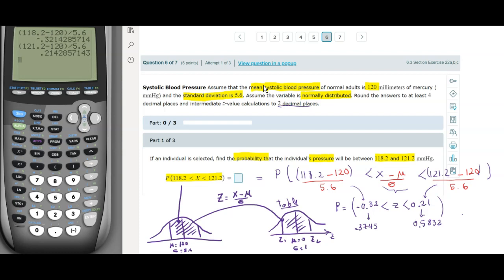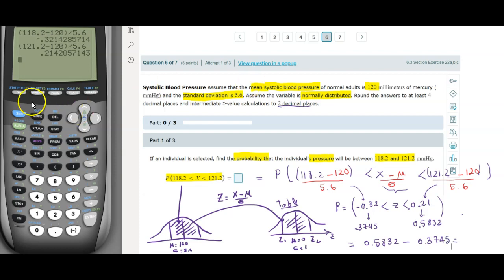So the probability here would be the biggest probability, which is 0.5832, minus the smallest one, which is 0.3745.